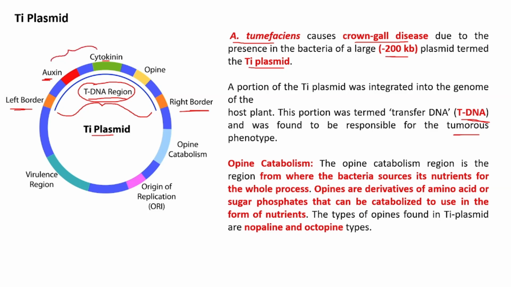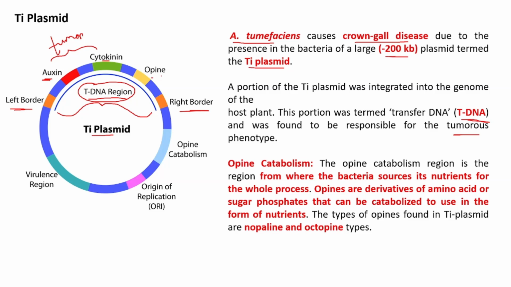These two genes encode plant hormones, so they help in the development of the tumor on the plant body. The plant needs certain plant hormones for the development of the tumor, so those hormones are provided by these two genes, which come from the tDNA when the bacterium infects the plants.